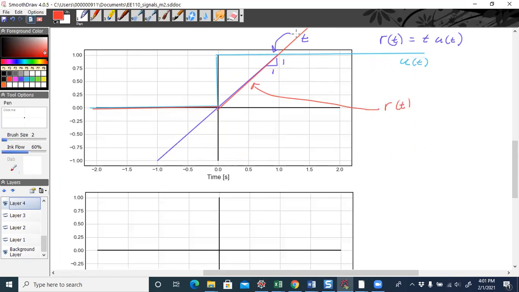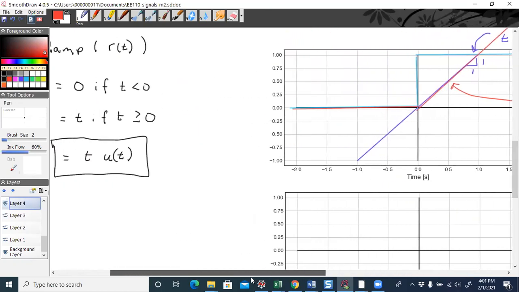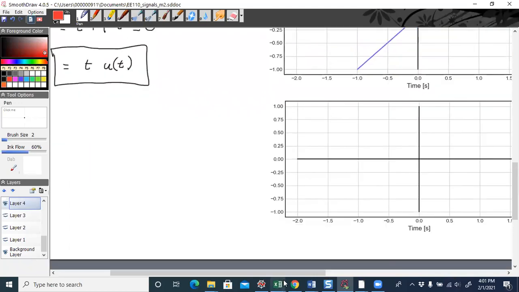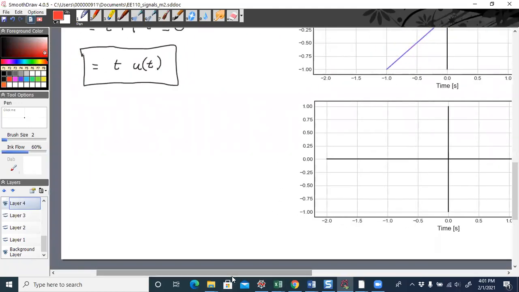Okay, it goes on forever, right? And never comes back down. Now, how does this play out? Let's do composite functions, okay?